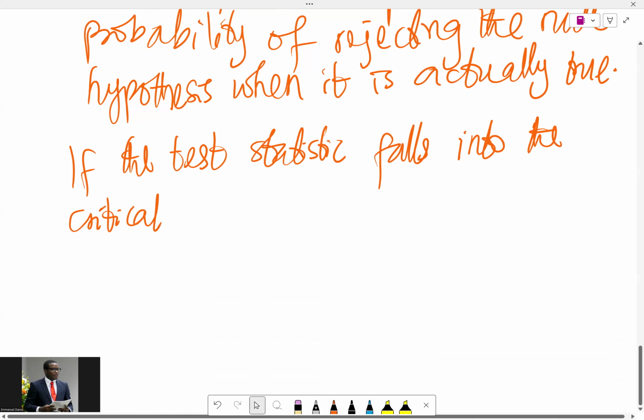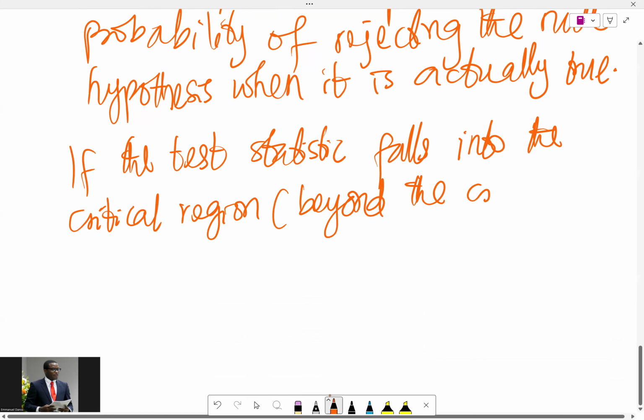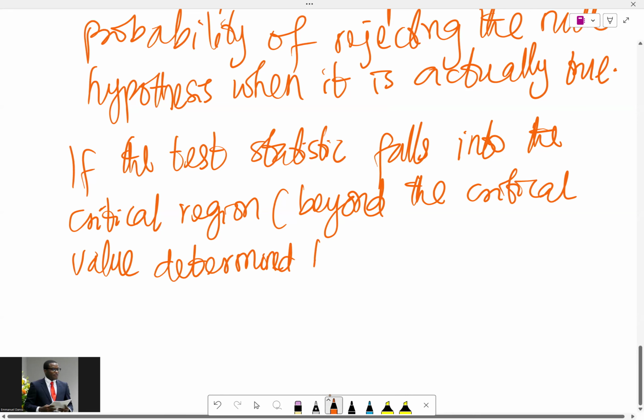So if the test statistic falls into the critical region, that is, beyond the critical value determined by alpha, the null hypothesis is rejected.